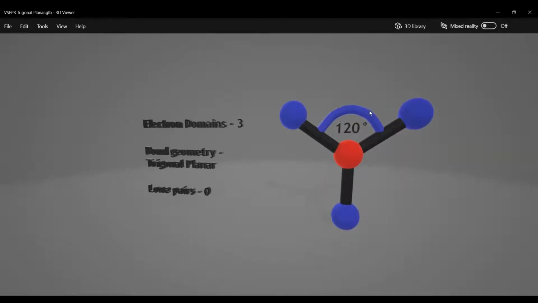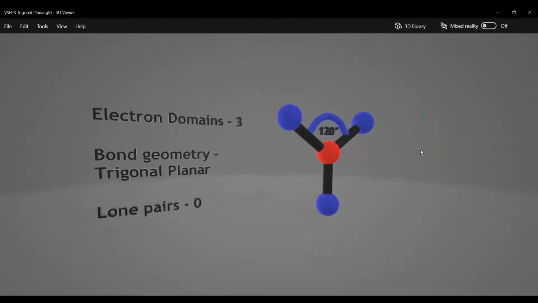The angle it makes is the second most effective in terms of social distancing after linear. A linear makes a 180, so that's the most far away. But in trigonal planar, it makes a 120 between each other. So not as effective as linear, but they don't contract any infection. They are safe where they are. And this is the triangular shape that they make.